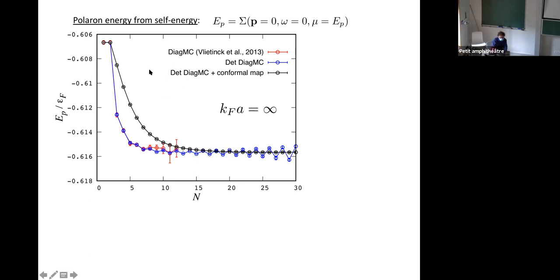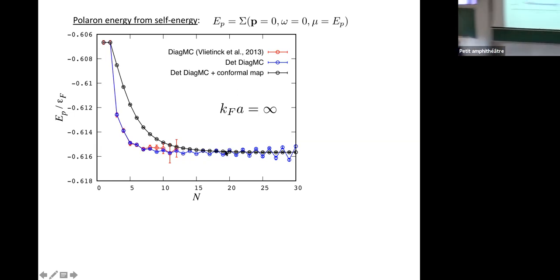Here you see the result for the polaron energy. This is the polaron energy which we can extract from the self energy as a function of n. In red is what we could do before with conventional diagrammatic Monte Carlo, going up to order 12. Then without any conformal mapping, we can get the polaron energy as a function of the maximum order in the series, and we see that indeed it's sign alternating around a certain value.